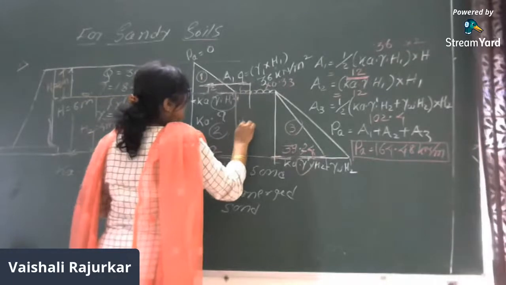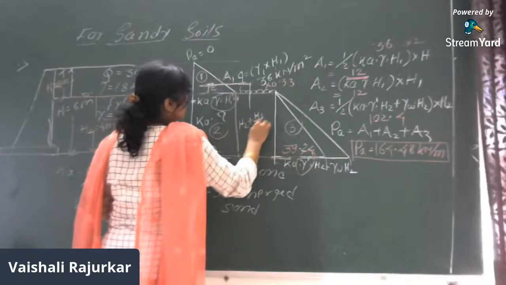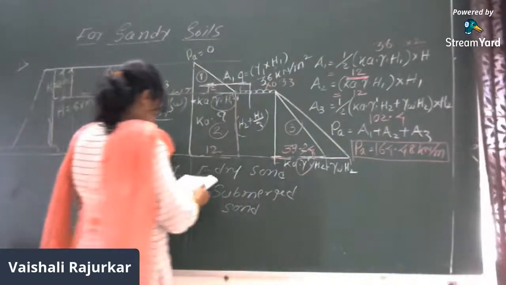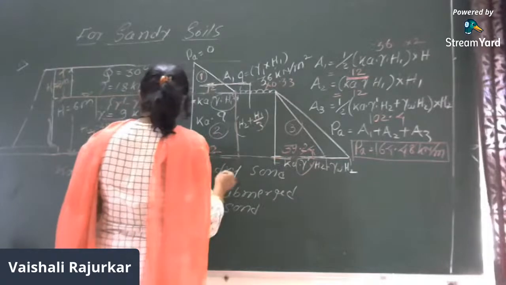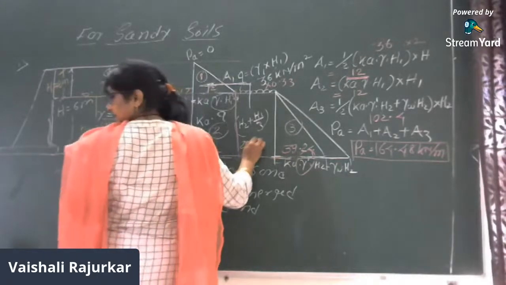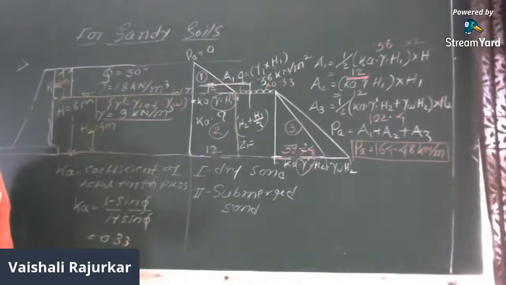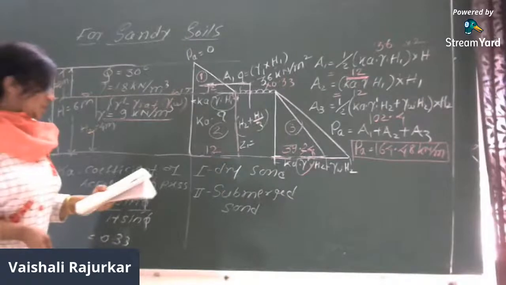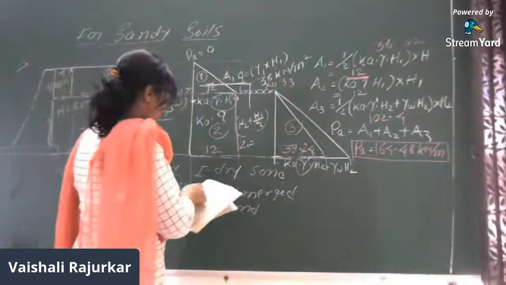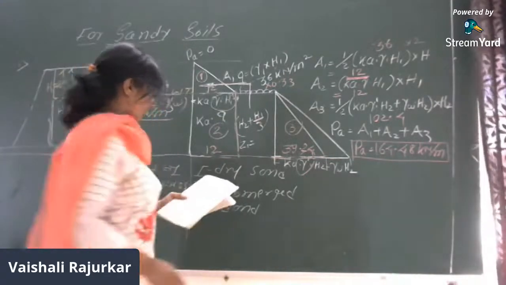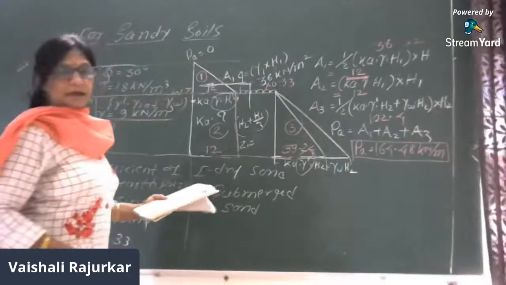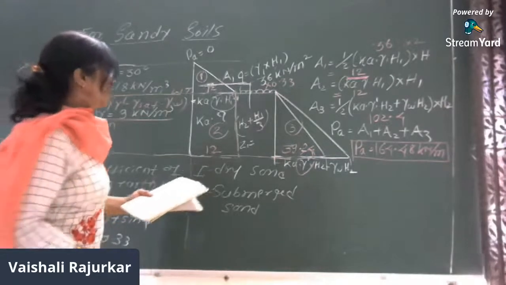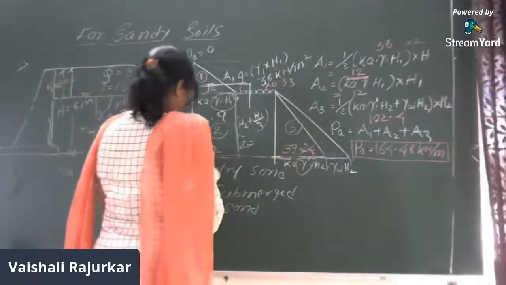It will be H2 plus H1 by 3, and this is found to be Z1. Right? So we will just calculate Z bar is equal to 4 plus 2 by 3. It will be 164.48 kilonewton per meter. Right? So this is Z1.